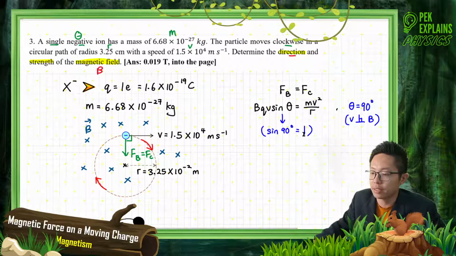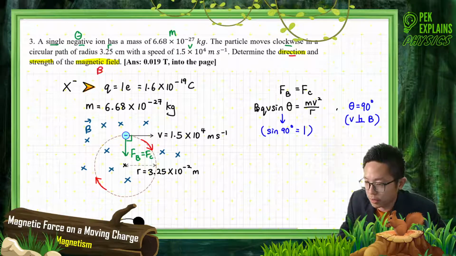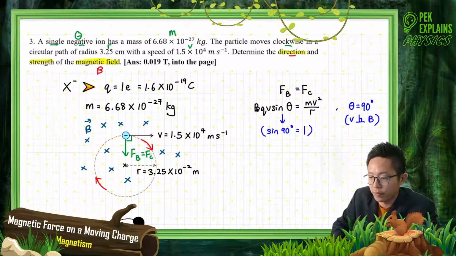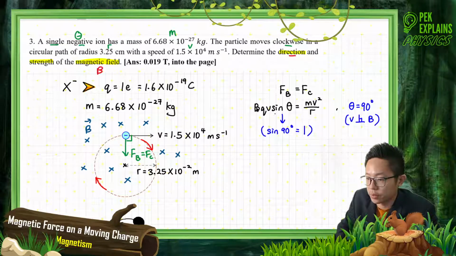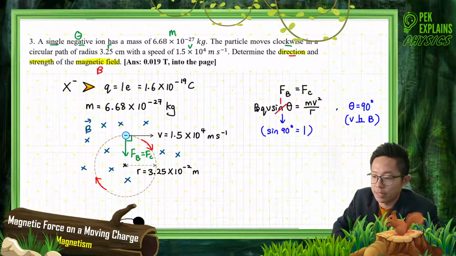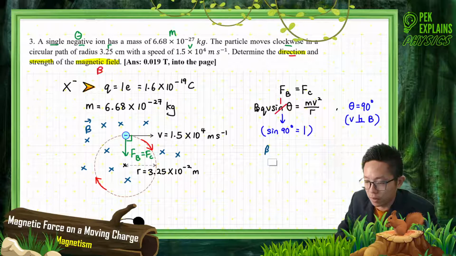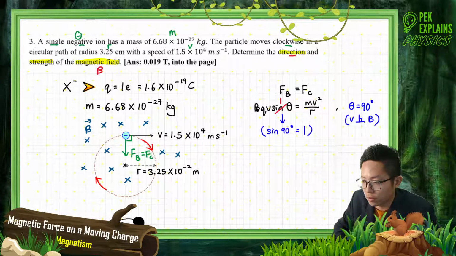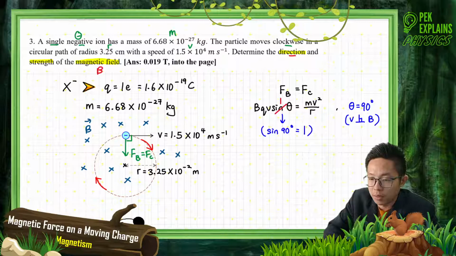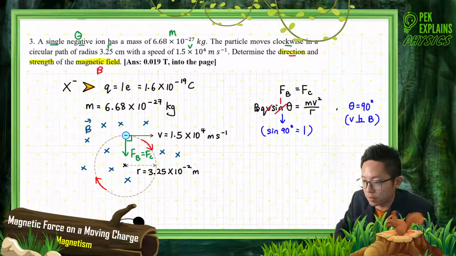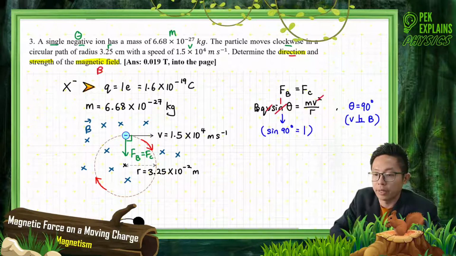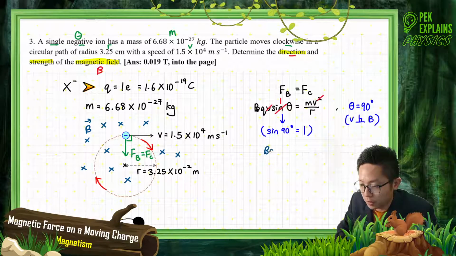Sine 90 equals 1, so that becomes 1. I'm left with B. Here also the velocity, and the velocity cancels. So I got BQ here, and MV over R here.